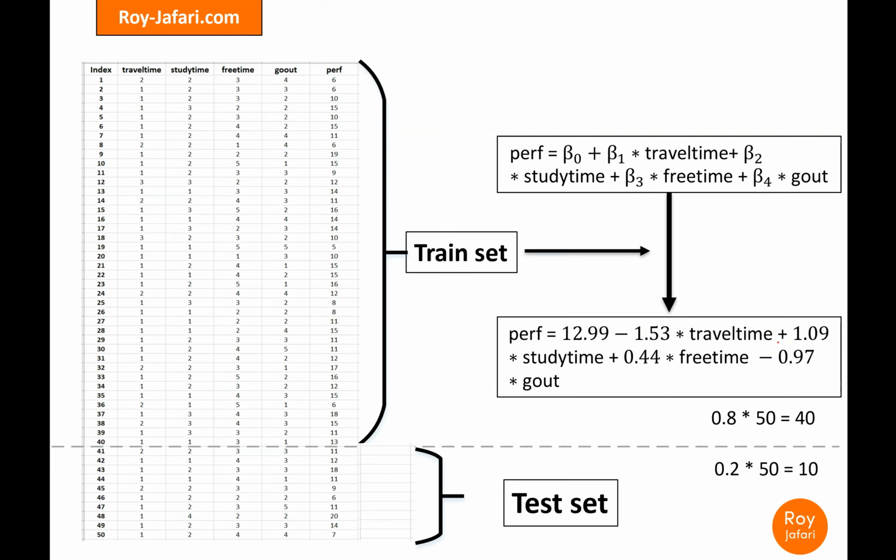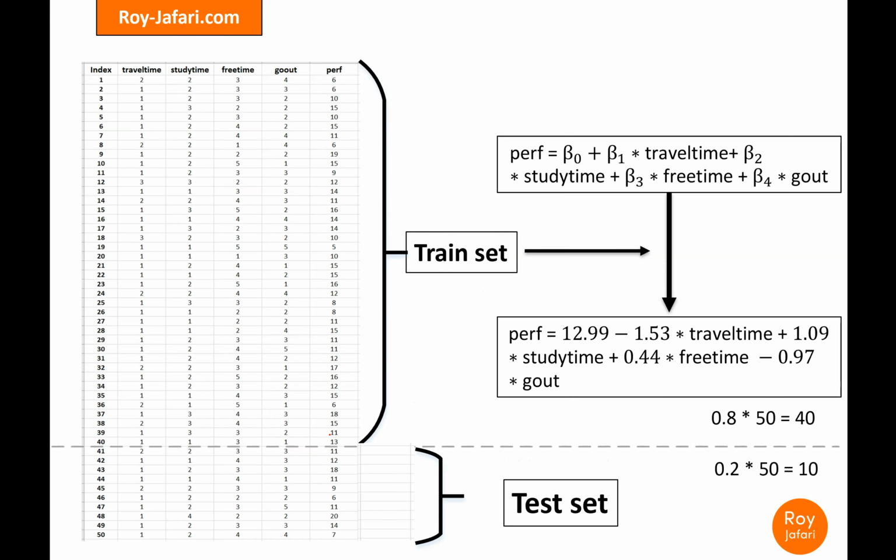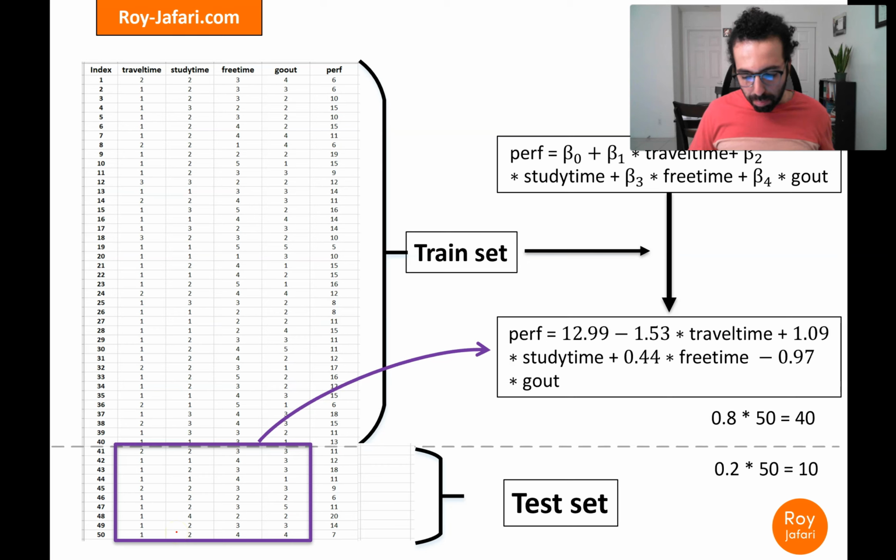Pay attention that these betas are a little bit different. For example, look at this number. Now that we have estimated these betas, we can run the model on the test set to see what the prediction is.